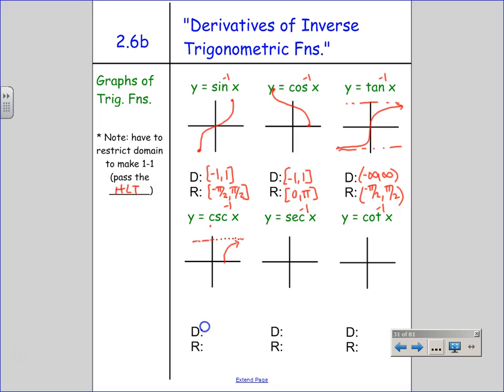And then like this. I want to make sure I'm flipping him right. Oh, no. Sorry, that's secant. My bad. I flipped him off with cosine. Secant looks like that.